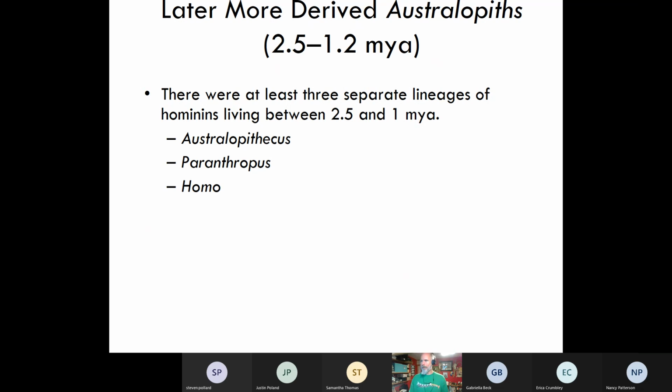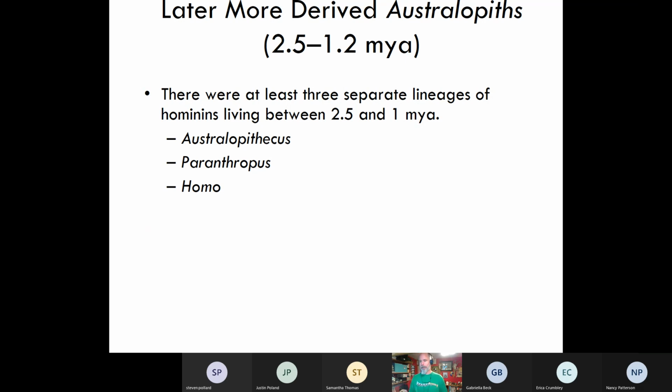The more derived Australopithecines, what we call Paranthropus, came about at about 2.5 to 1.2 million years ago, but we found them living parallel to each other. Remember, these creatures do not move very far from their home range, so it's not thought that they overlapped in their terrain and where they were living.